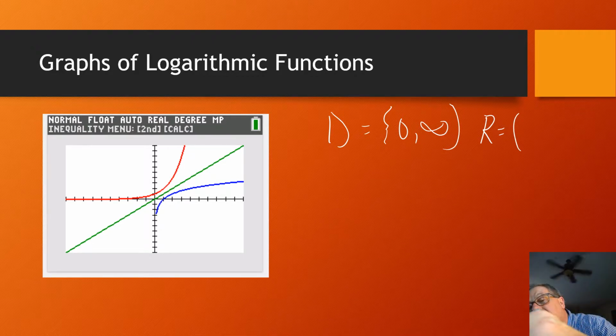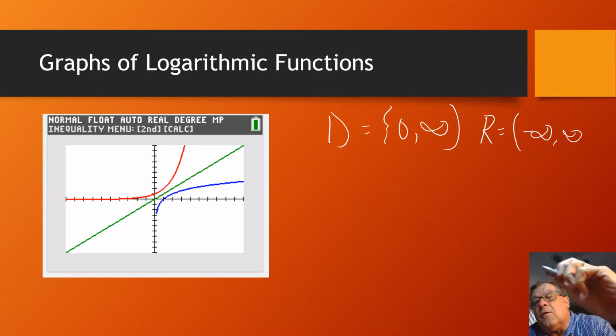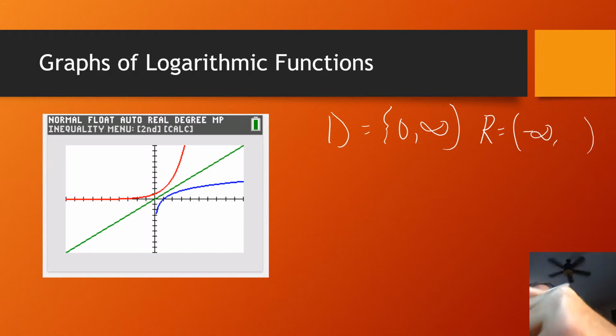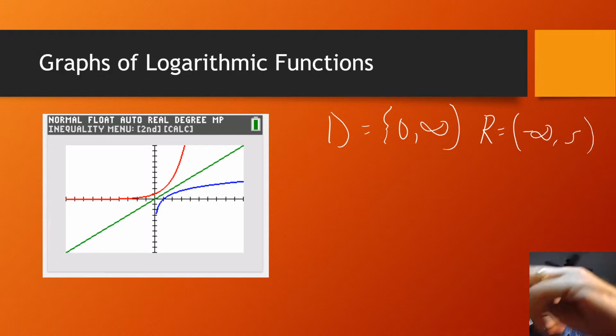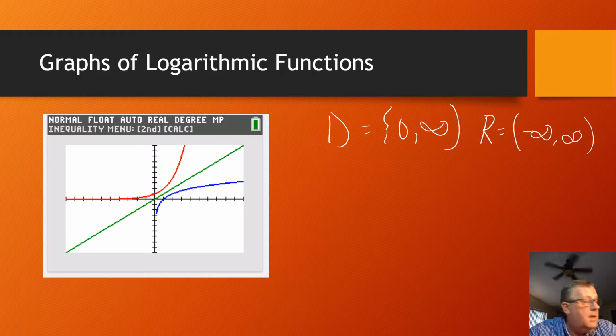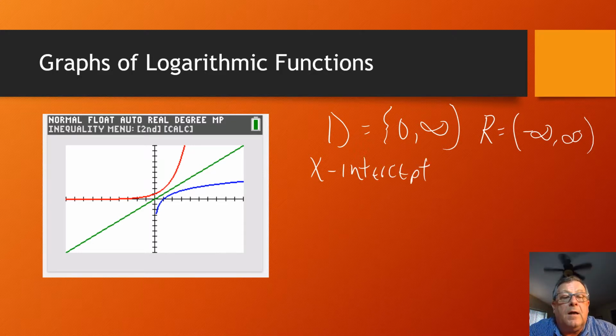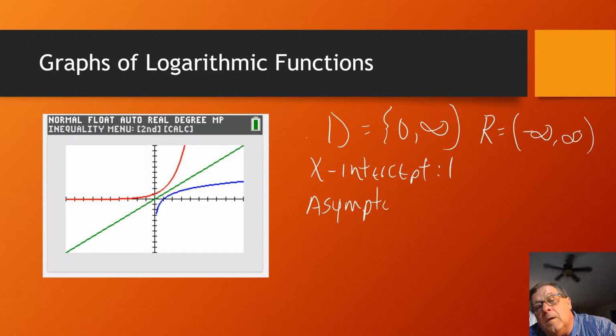So range is negative infinity to infinity. I've got an x-intercept at 1. I've got an asymptote at the y-axis.